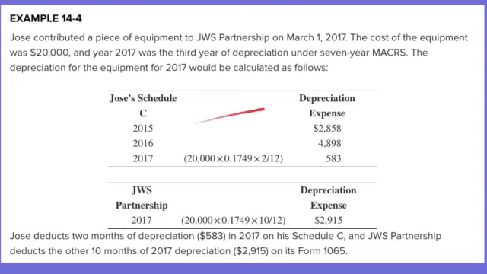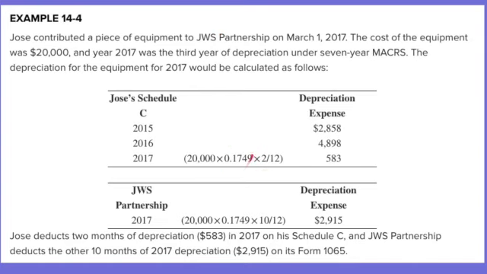So this was Jose's depreciation expense in the first year on his Schedule C, right? Self-employed business. Then he's got 2016, the biggest year. And then for 2017, because he transferred it on March 1st, he only gets January, February, 2 months.